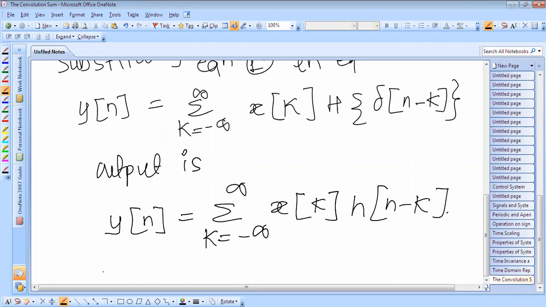This is the output, and the output of a linear time invariant system is given by the weighted sum of the time shifted impulse response.